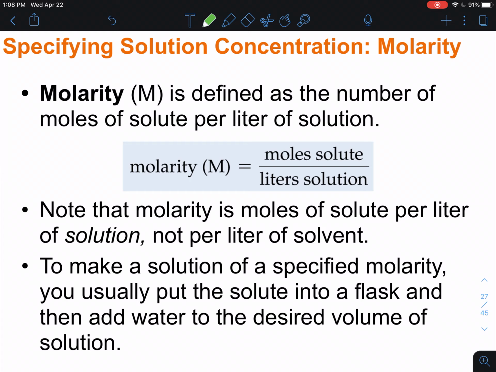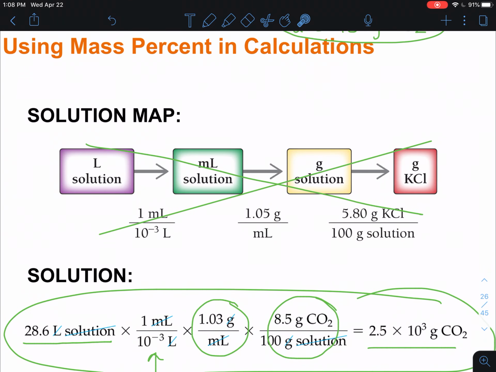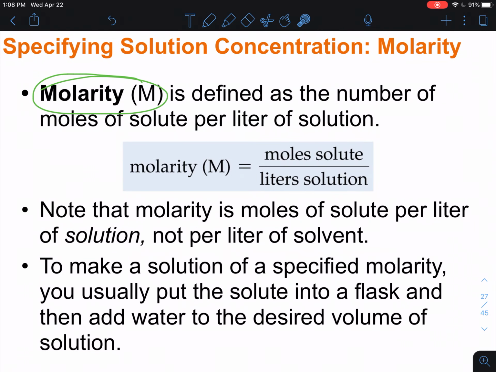So now we're going to talk about molarity. Molarity is another way of describing the concentration of solutions. Remember, when we are talking about mass percent, it's grams per gram. Molarity is defined as the number of moles of solute over liters of solution.